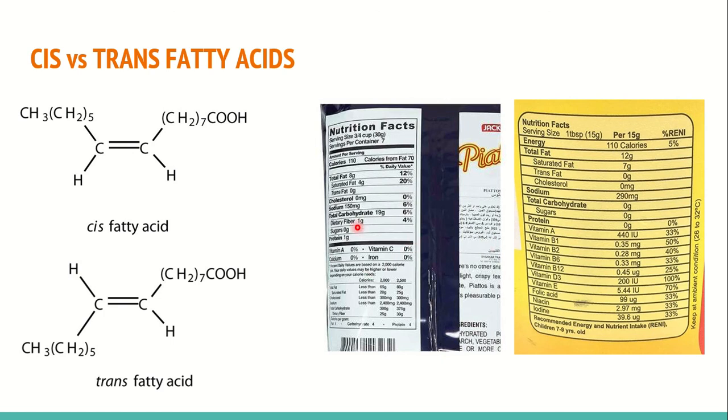Kasi kapag present yung fats or yung lipids natin or even yung oils, madali silang ma-spoil or madali silang maging rancid or mapanis. Kaya ang ginagawa sa mga pagkain na to, ini-increase or prolong yung shelf life. And syempre, ini-stabilize nila yung flavor ng mga processed foods na to.